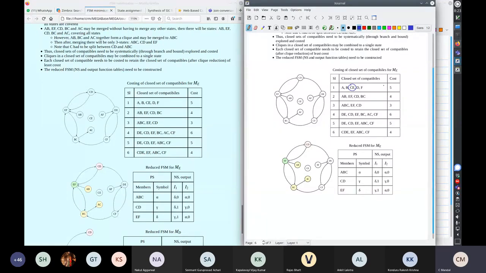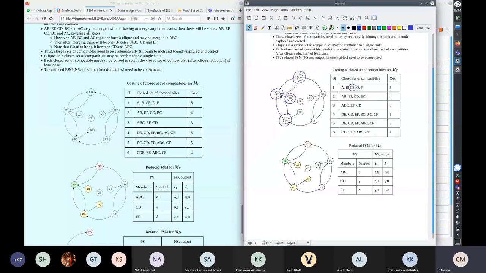Now here, if you look at another option. So here AB is taken, all right. Now once you take AB, of course, you have to take EF, you have to take CD, and you have to take BC also.